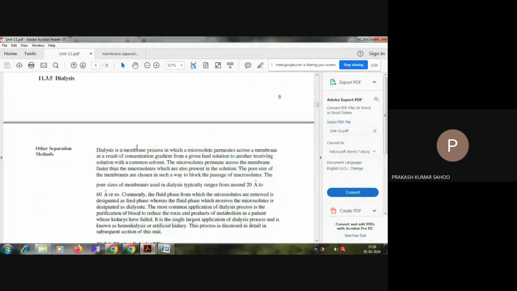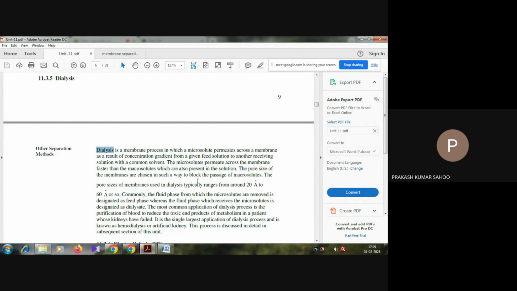Then we have the dialysis process. As we know, this process is also used in our medical field, where impure blood is replaced by pure blood. The process of dialysis is applied there.